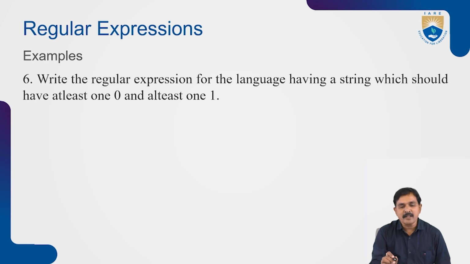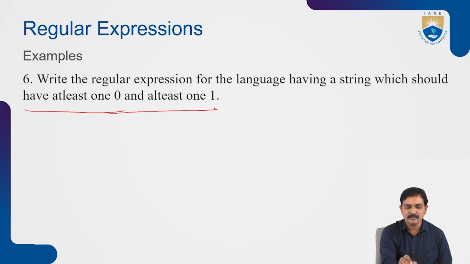One more question is: write the regular expression for the language having a string that should have at least one zero and at least one 1. Here the question is somewhat complex.